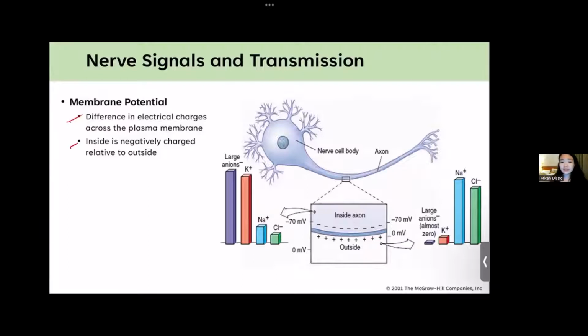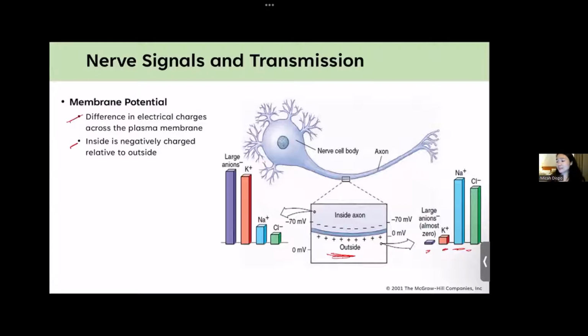The interstitial fluid surrounding the neurons, here on the outside, contains relatively high concentrations of sodium and chloride ions, but a low concentration of potassium ions, and also low or almost zero concentration of large anions. These large anions are impermeable, so they cannot pass through the cell membrane.